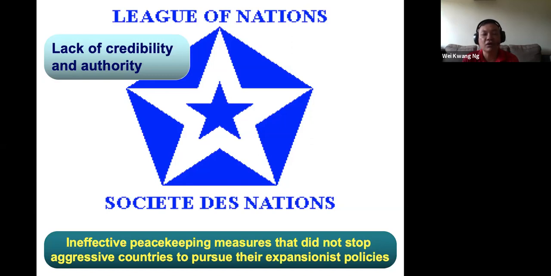After the First World War, there were countries who insisted on using violence to solve their problem. And the League of Nations' way of criticizing the actions of these aggressive countries, getting them to the conference table to try to resolve the problem in peace, was actually not working because they lacked the authority and the credibility.